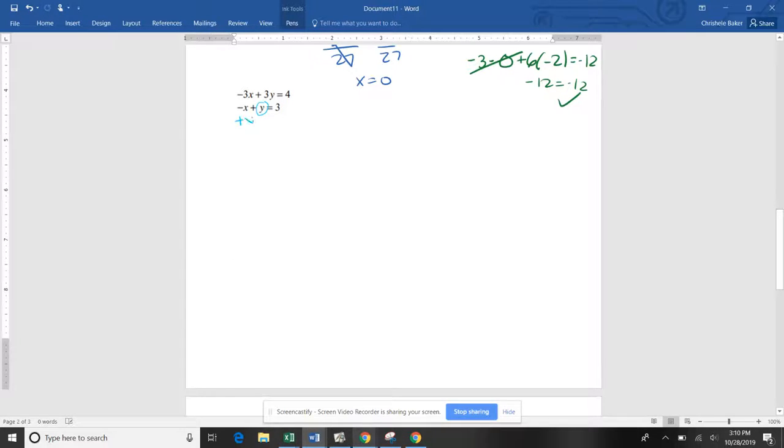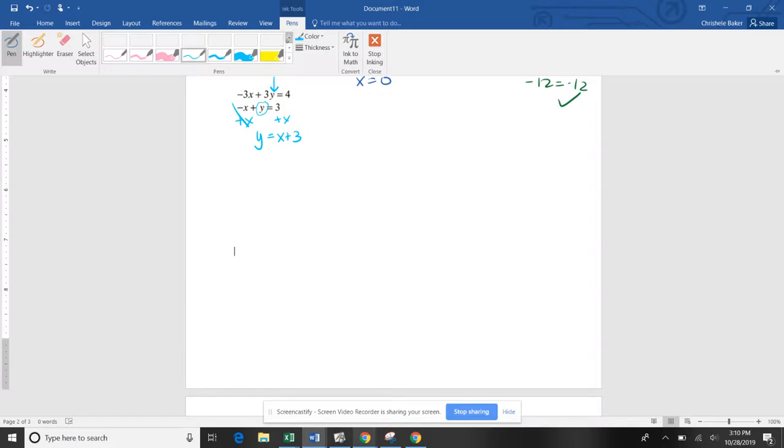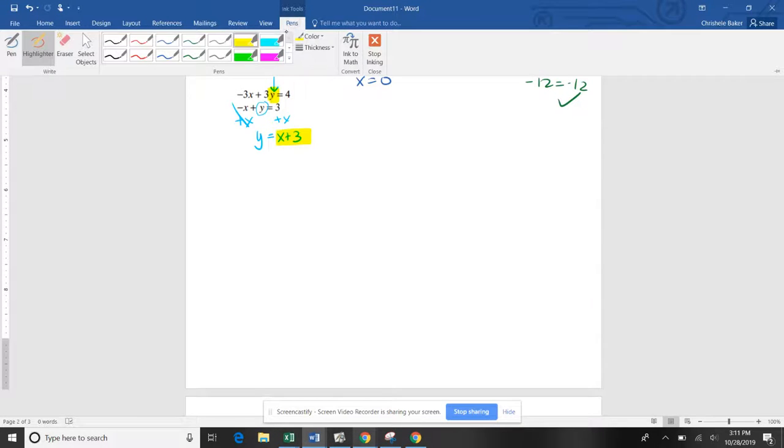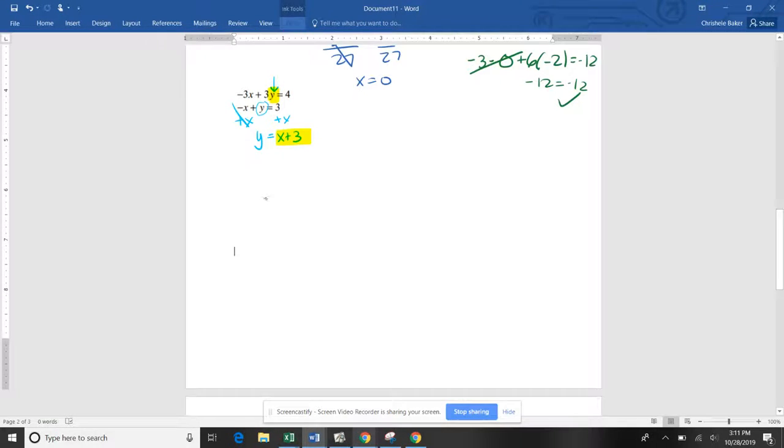So if I add x to both sides, then I have y equals x plus 3. Substitute that in here. If y is equal to x plus 3, then x plus 3 goes in the space of y. So negative 3x plus 3 times x plus 3 equals 4.